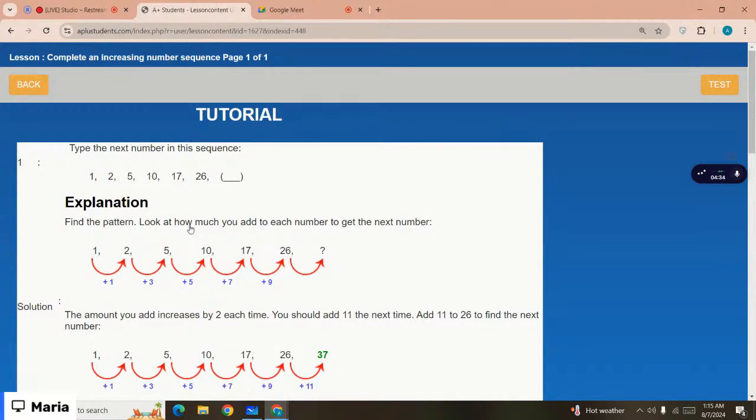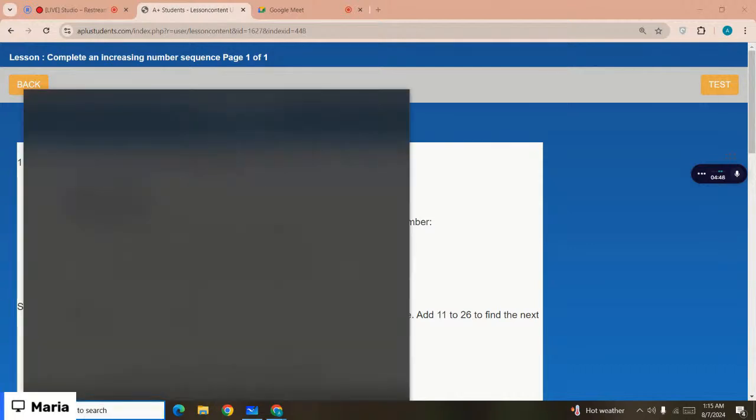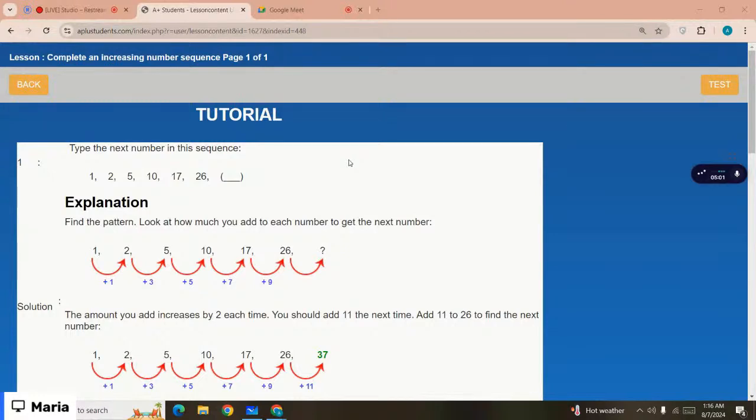So we are given a sequence and we have to find the next number in the sequence, right? So how do we find it? We need to find a pattern in the sequence, right?